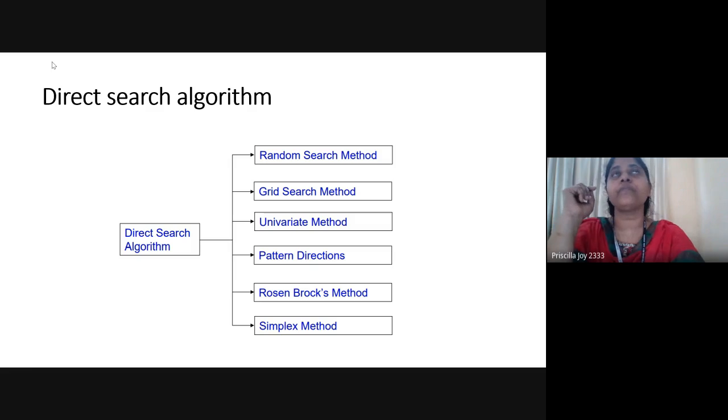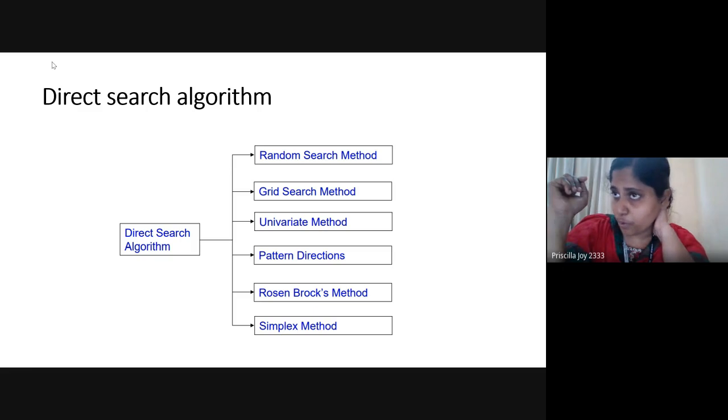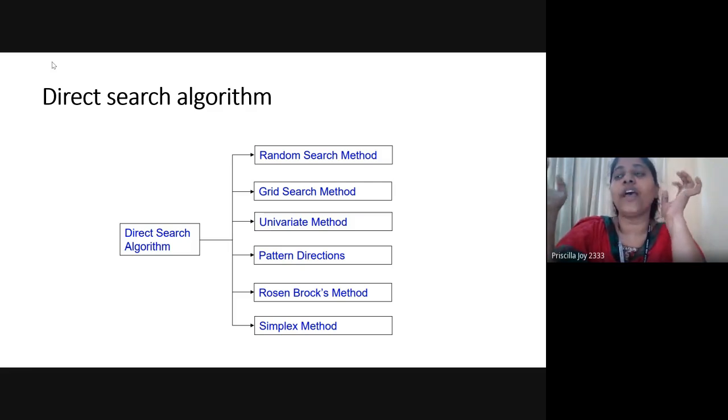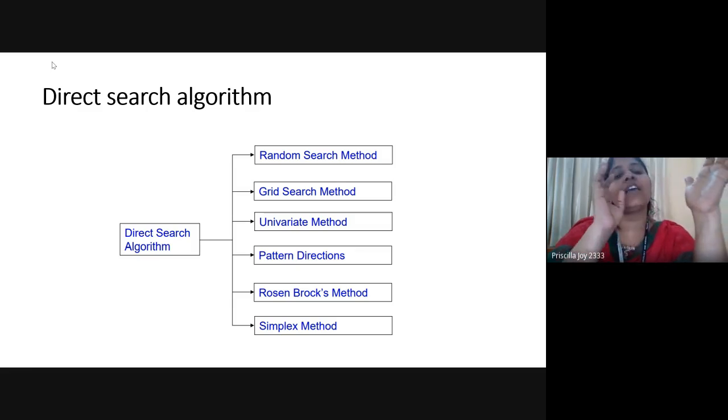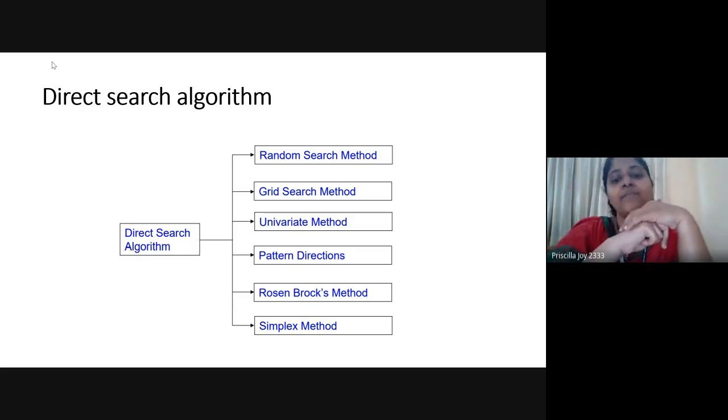Okay, and in the case of the random walk with direct exploitation, it is the improved version of the random walk search, in which the successful direction of generating the trial solution is found out, and the steps which are taken will be along that direction. Okay, that is in the case of the first, that is the random search method.